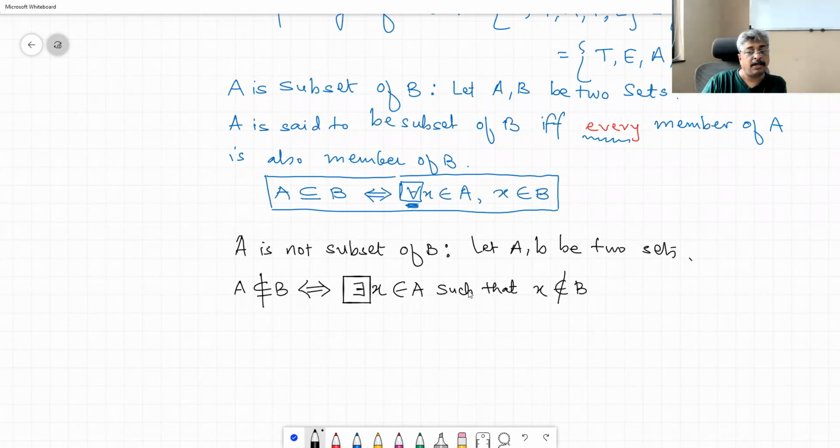There is a meaning of at leastness in that particular symbol also. There exists at least one element in A such that it is not an element of B. It is not part of B. That is the definition of not a subset.